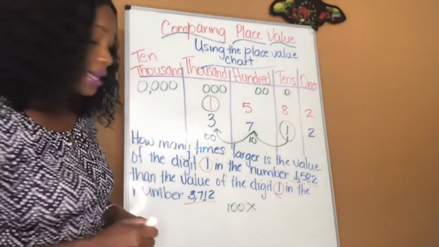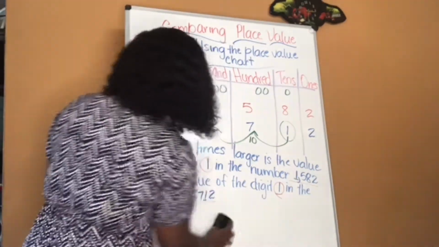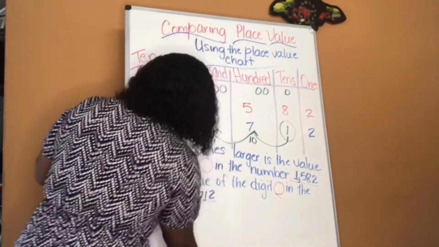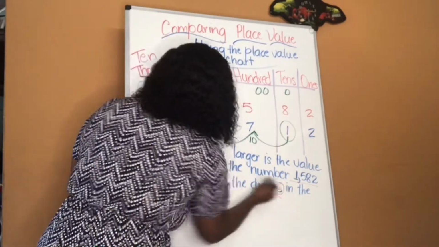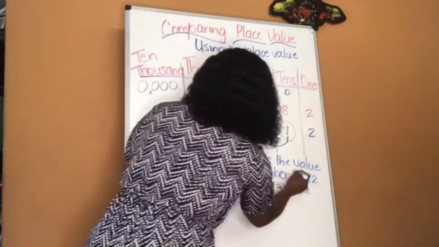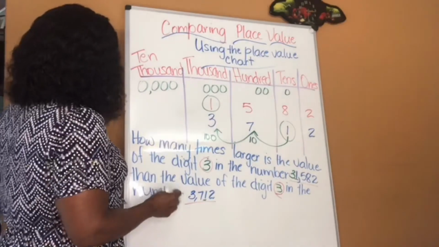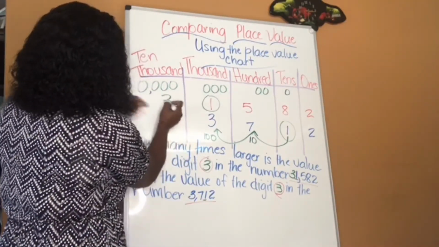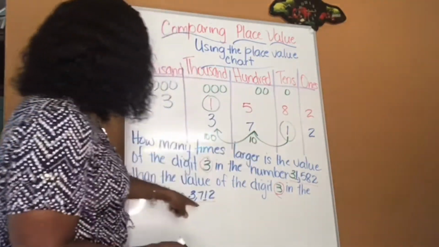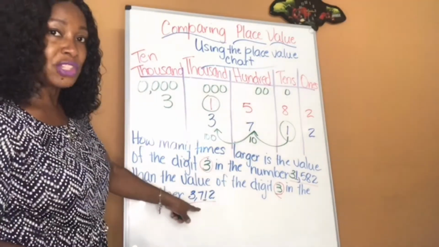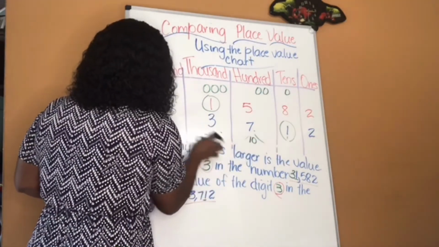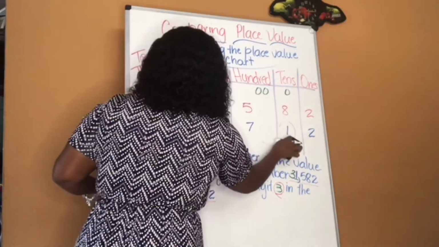We can do a second example real quick. This time I am going to be looking for the digit 3, the value of the 3 in both numbers. I'm going to let this 3 stay, and I'm simply going to add a 3 here. So it's 31,582, and this one remains the same. I'm not circling 1 this time.